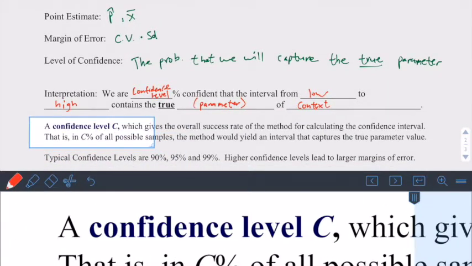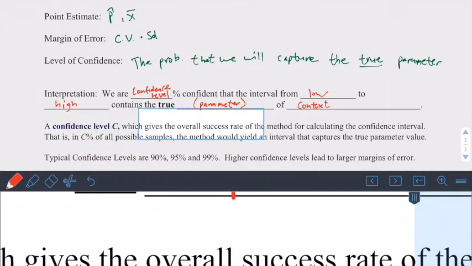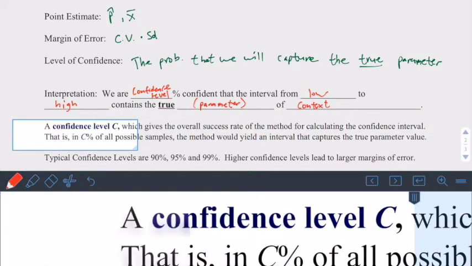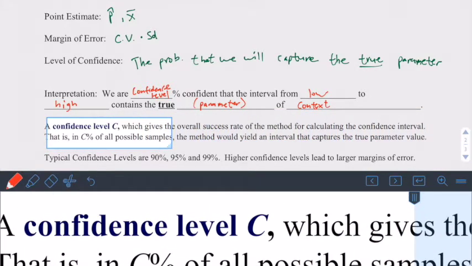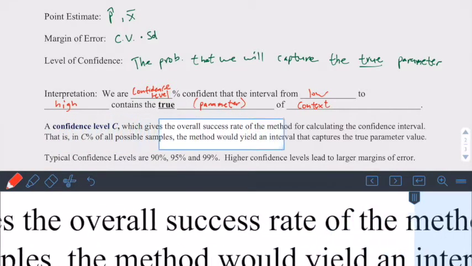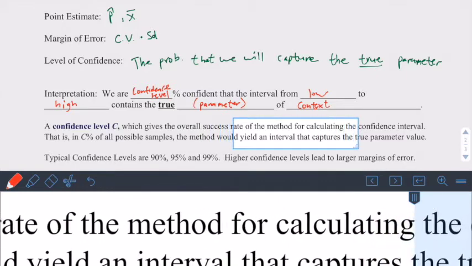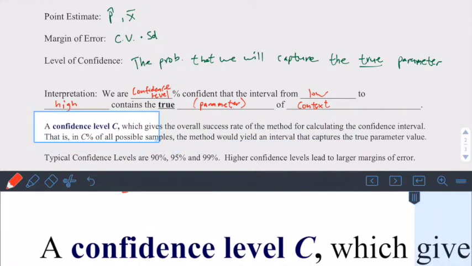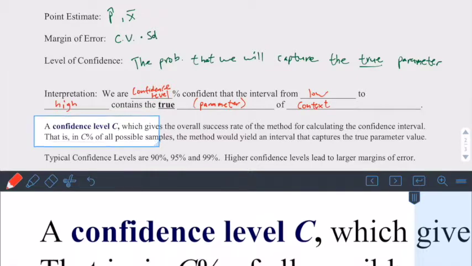A confidence level C gives the overall success rate of the method for calculating the confidence interval. That is, in C% of all possible samples, the method will yield an interval that captures the true parameter value. Okay, that's exactly what I said. So in a 95% confidence level, 95% of the time, the interval will capture the true parameter.